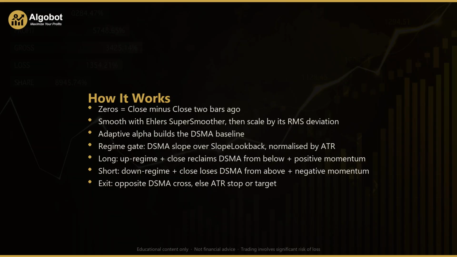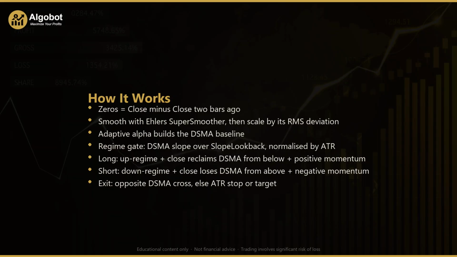The smoothing constant, alpha, is set to the absolute value of that scaled momentum multiplied by the gain input and divided by the length. When recent momentum is statistically large, alpha grows, and the moving average accelerates onto the move. When the market drifts in noise, alpha shrinks and the line idles, almost flat. The result is a baseline that reacts quickly in a genuine trend, yet stays calm in chop.